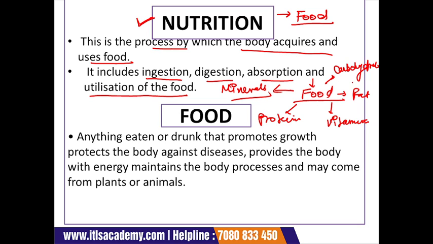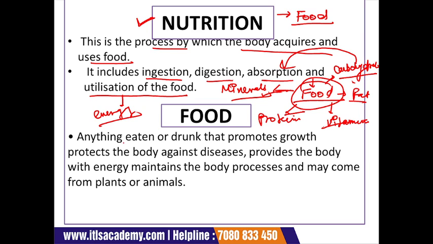When we ingest this food, it is digested into carbohydrate, fat, vitamin, protein and minerals. After that, suppose this carbohydrate is absorbed, and after absorption, this carbohydrate gives energy. So this is the basic definition of nutrition.